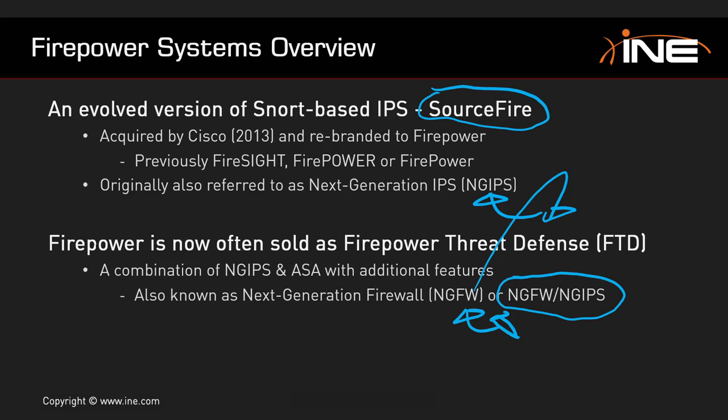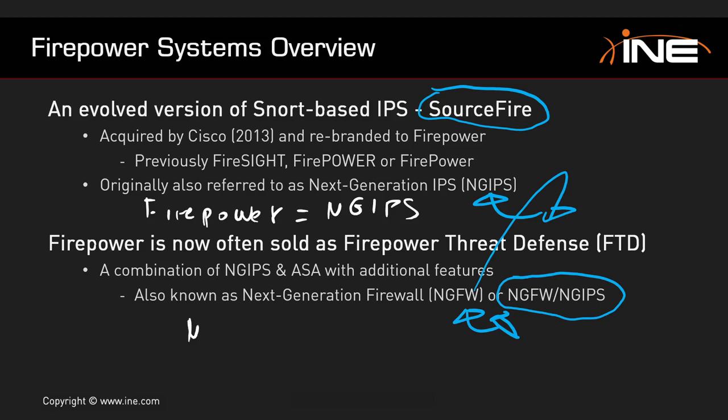Okay, so just to make it clear once again, because it is pretty important so we're all on the same page with the terminology, whenever you see the term Firepower, and now the only one that you will see is going to be all lowercase, but first F is capital, this is talking about next generation IPS functionality, the SourceFire.